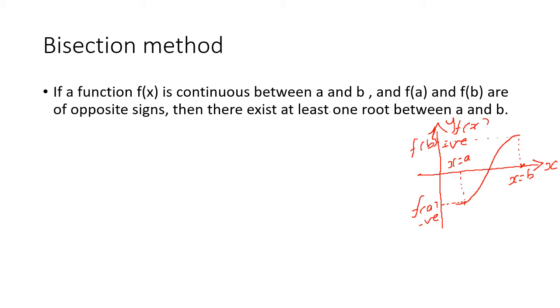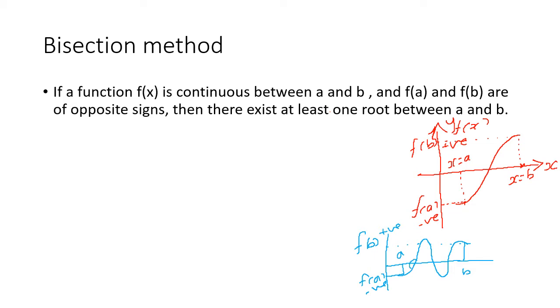So we may see that your function may be something like this. You choose a here, and f of a is negative, and you choose b here, then f of b is positive.